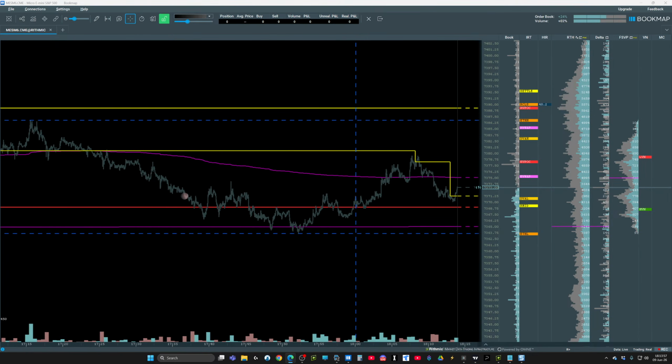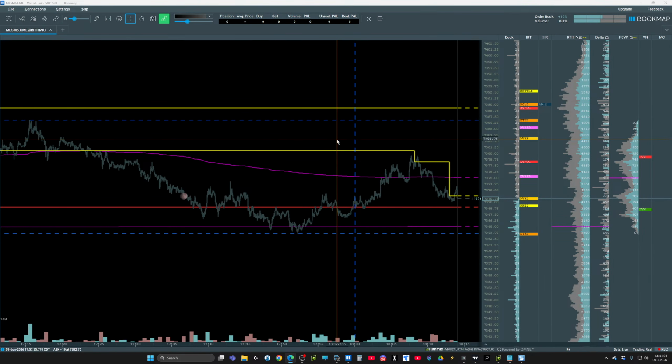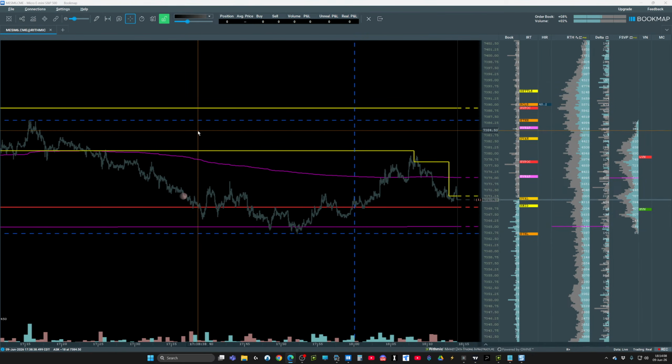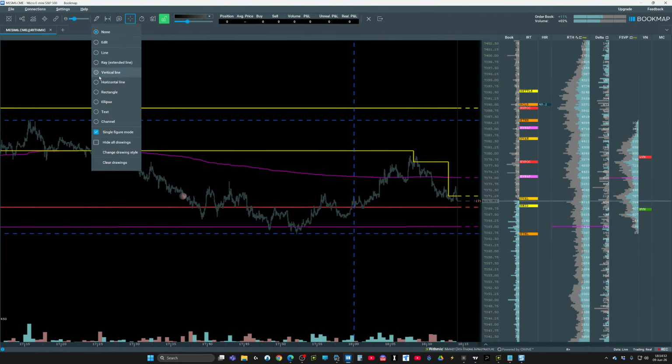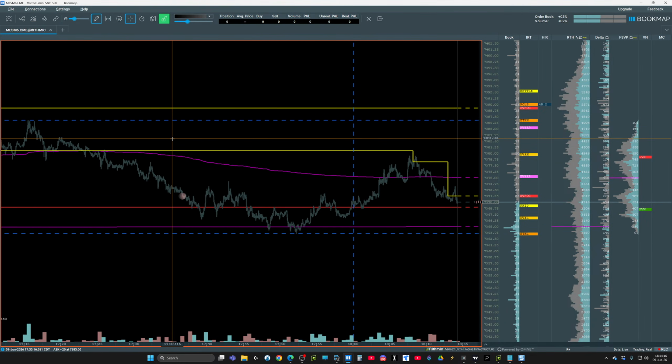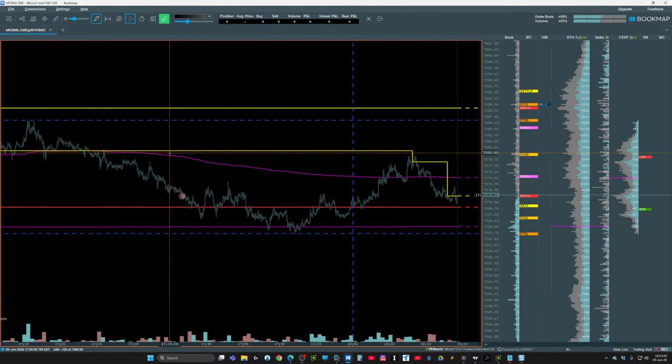Good enough, though. So what we've got here is 23 points. We've got 73.80 is the first one. Let's get over here and do 73.80. Horizontal line, 73.80. 75.